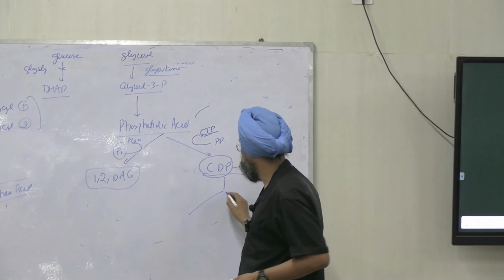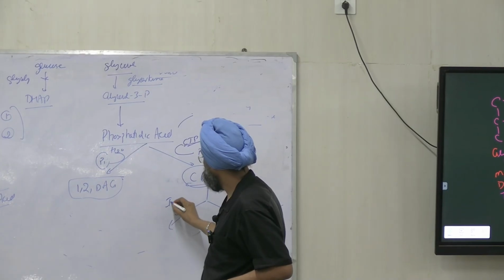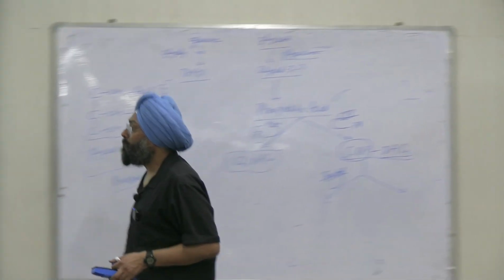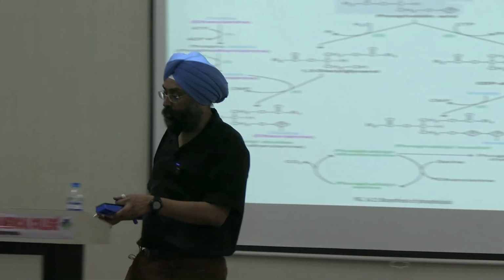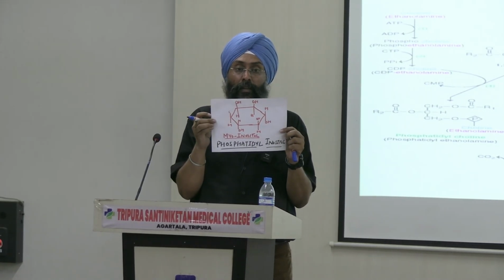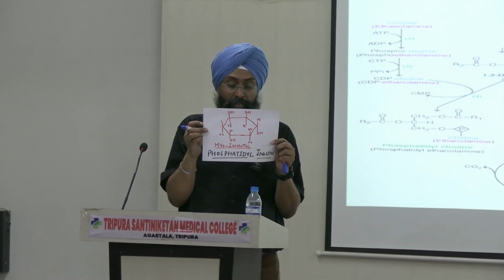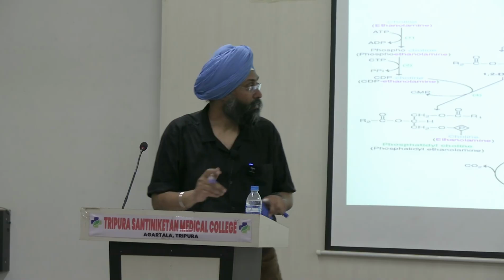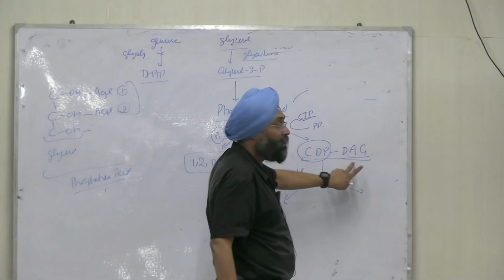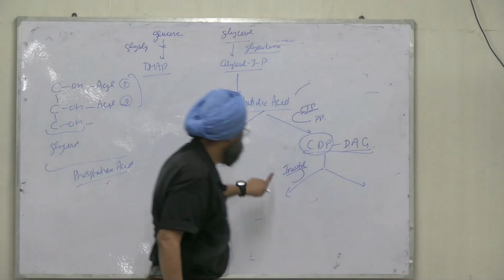And further it has two pathways. We add inositol here. Hope you remember the structure of inositol. Let me show you. This was inositol, the 6-membered ring, with phosphatidic acid, right? So we have CDP diacylglycerol and we are attaching inositol.